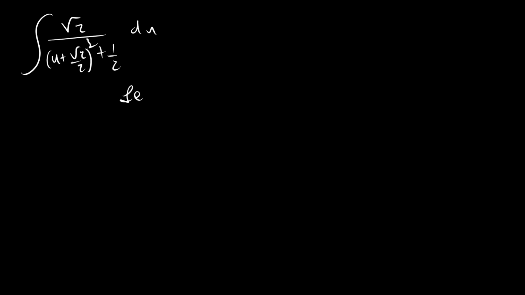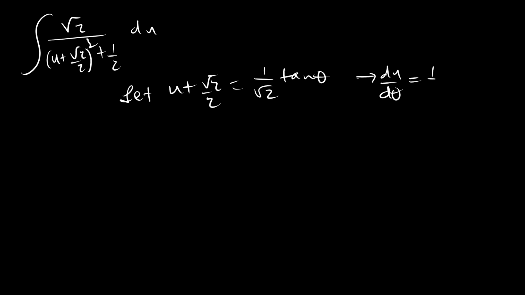Okay. So we have integral of root 2 over u plus root 2 over 2 squared plus a half. If we say let u plus root 2 over 2 equal to 1 over root 2 tan theta, that means that du d theta is equal to a half root 2 sec square theta, and so du can be substituted by that.